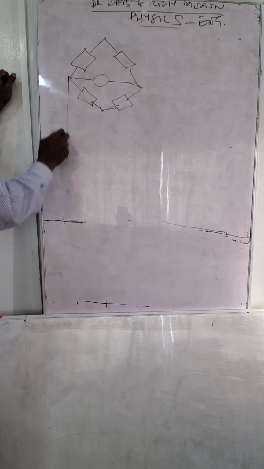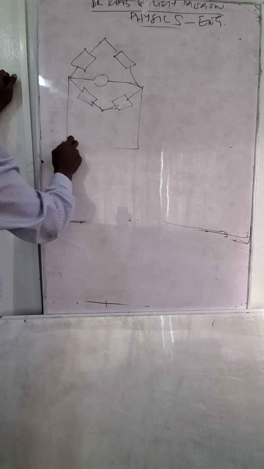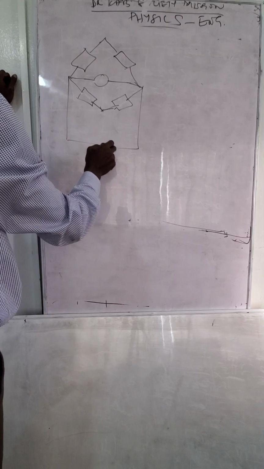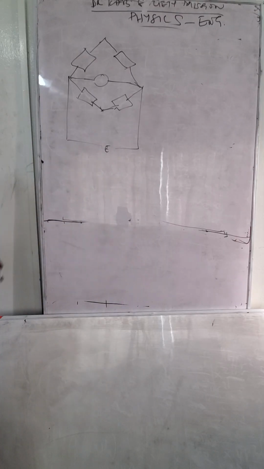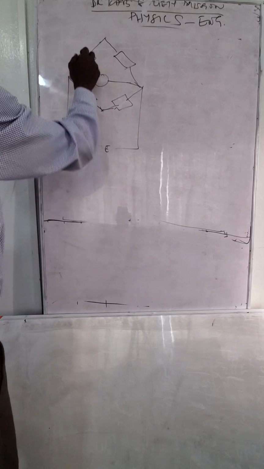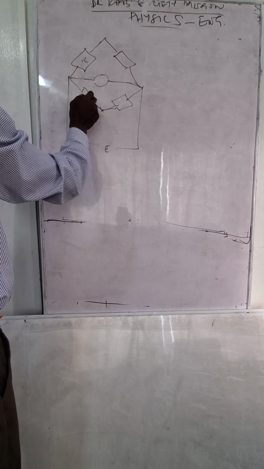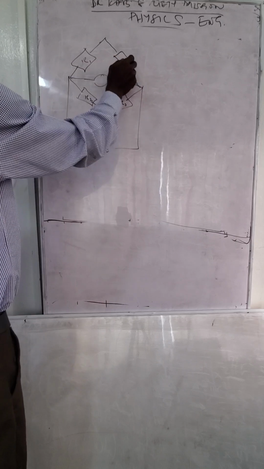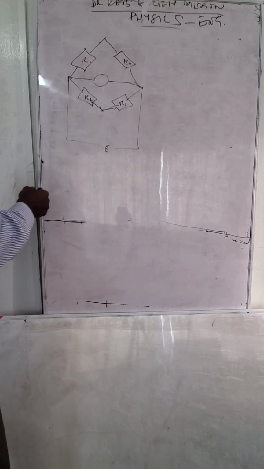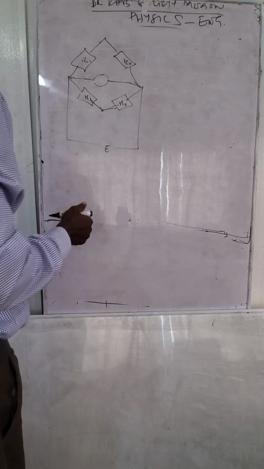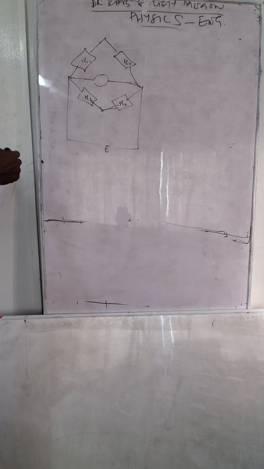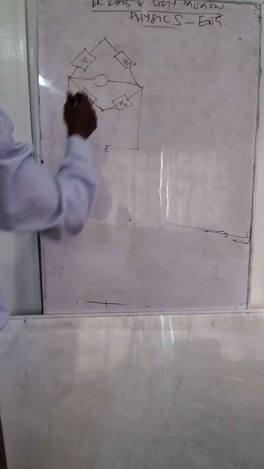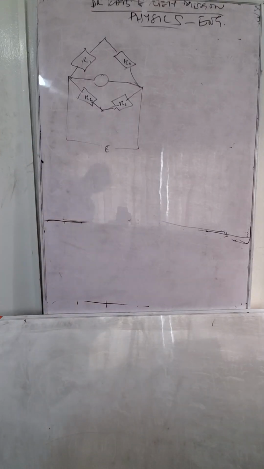Okay, so maybe we have a supplier here, circuit supplier here. Right, so now let's say R1, R2, R3, R4. Okay, right, so what will be happening is there will be an adjustment as we keep on adjusting.